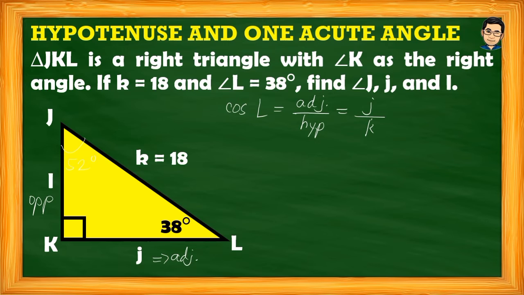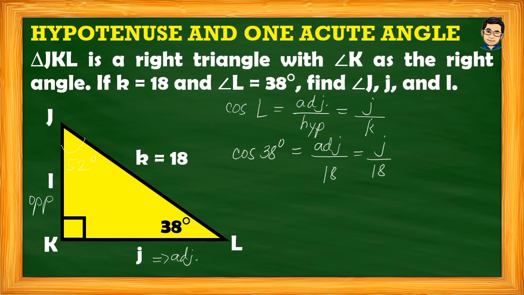Cosine 38 degrees. Yung sukat ng L is 38 degrees. And then, yung adjacent side natin, yung missing, over yung hypotenuse which is 18. Okay, so magiging ganito siya, J over 18.